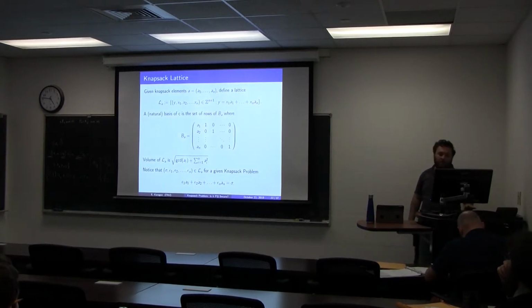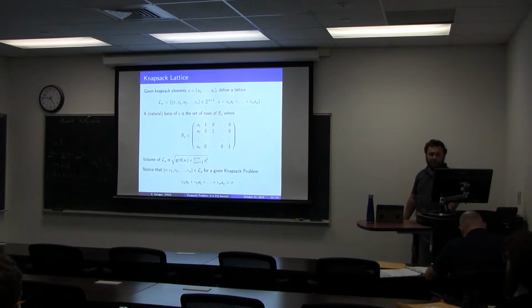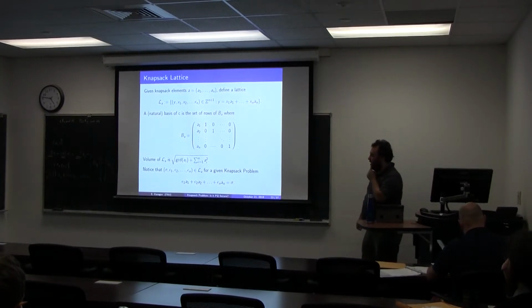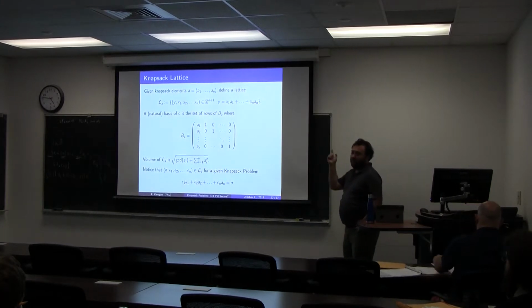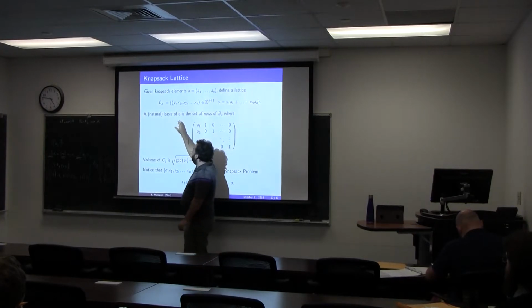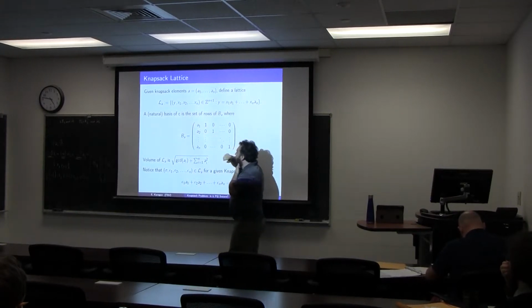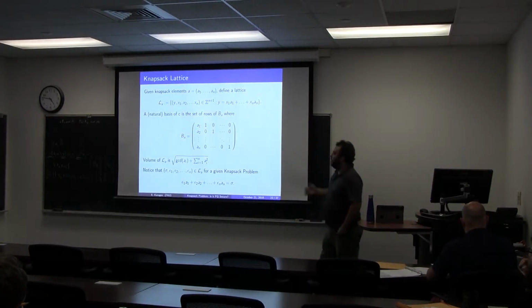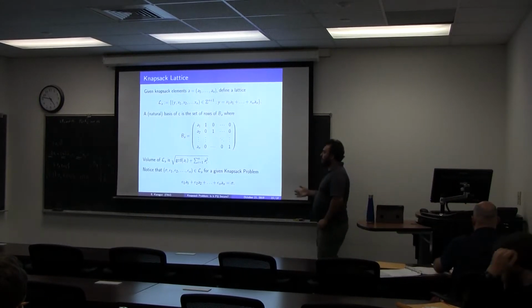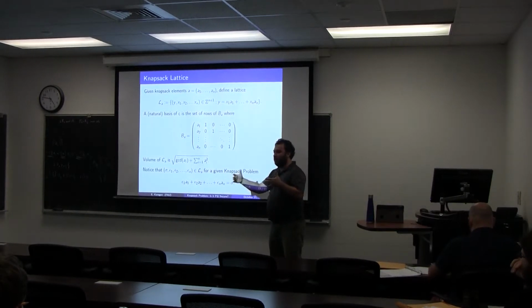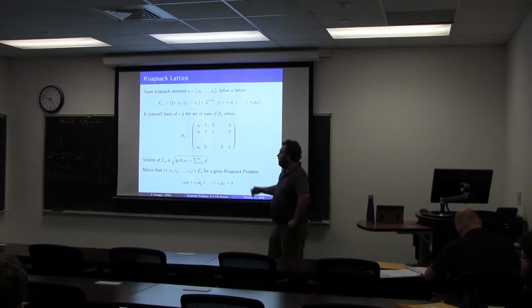Okay, how do we apply lattice reduction to knapsack? If you are given knapsack elements A1 to An, we can create a lattice with coefficients y, x1, x2, xn, so that y equals x1 times a1 plus x2 times a2 plus xn times an. I mean, the first component is written as an integral combination of the knapsack elements.